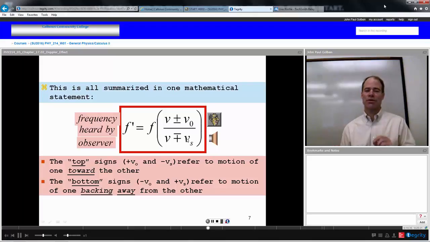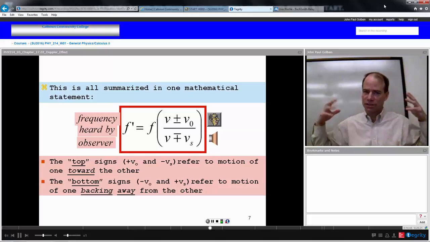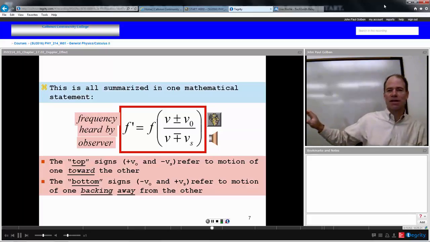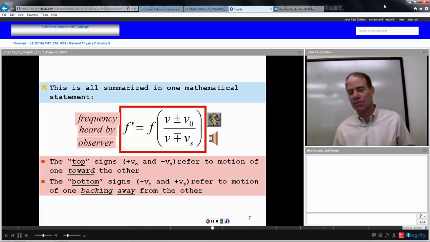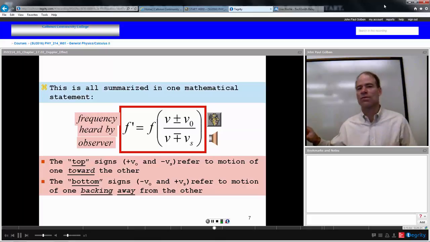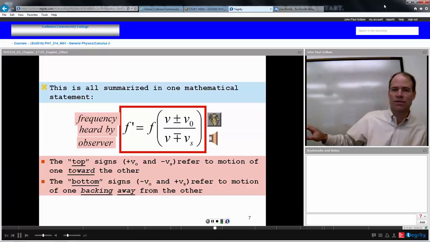And you have to put yourself in the shoes of the respective combatant here. If you're the observer, you have to put yourself in the shoes of the observer, and then realize either the source is over there or over there. And if I'm moving away from it, I'm backing away. And if I'm moving toward the source, I'm moving toward. So you have to put yourself in the shoes of the observer in this case and think about where the source is and what you're doing, whether you're moving in that direction or away from that direction.